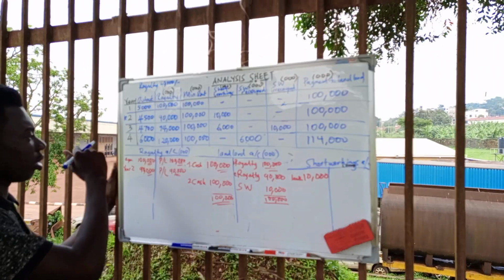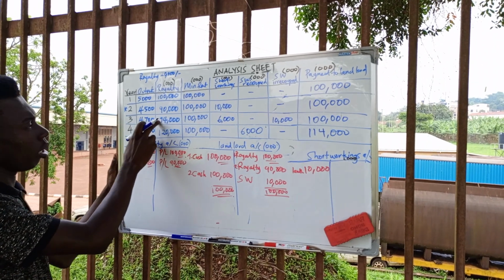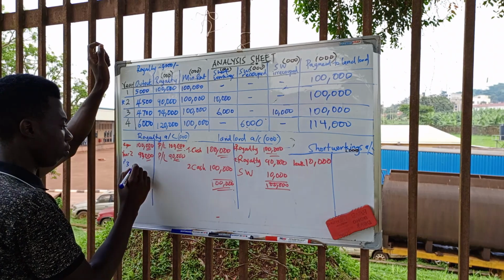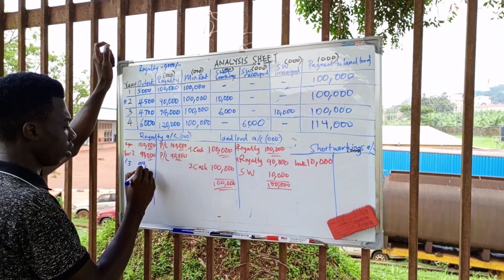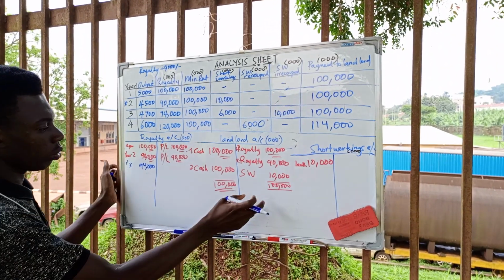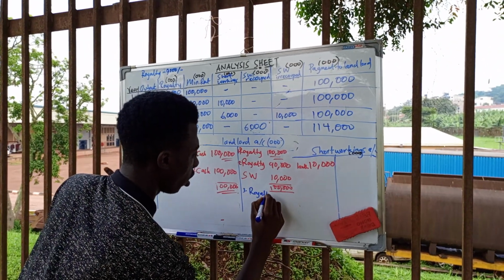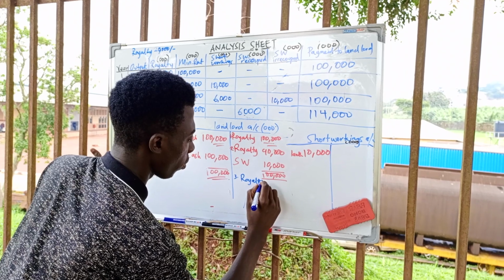In the third year, the royalty is 94,000. So I debit that expense in year 3, which is 94. Then I complete the double entry by showing the liability increasing here. Third year, royalty of 94.